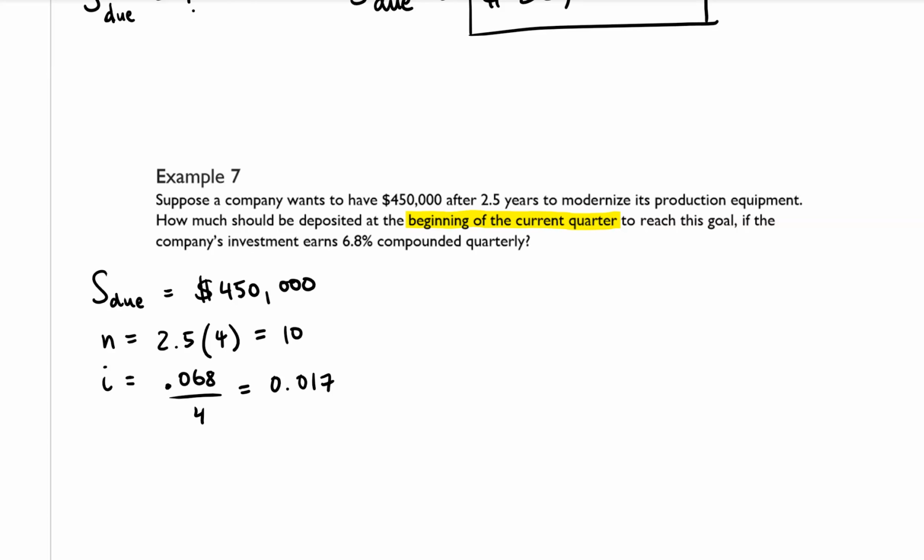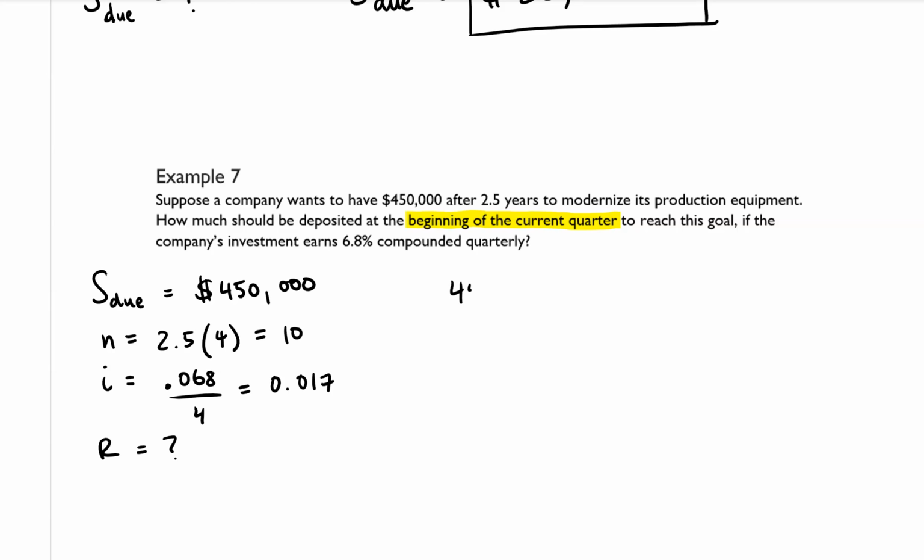Okay, so it's asking how much should be deposited at the beginning of the current quarter to reach this goal. So the R value, the regular payments at the beginning of each quarter, is the value that we do not have. So that's what we're solving for.